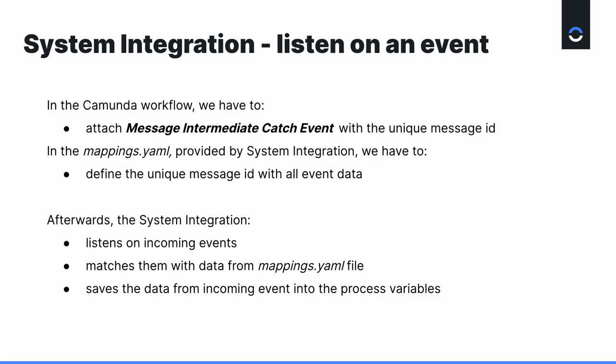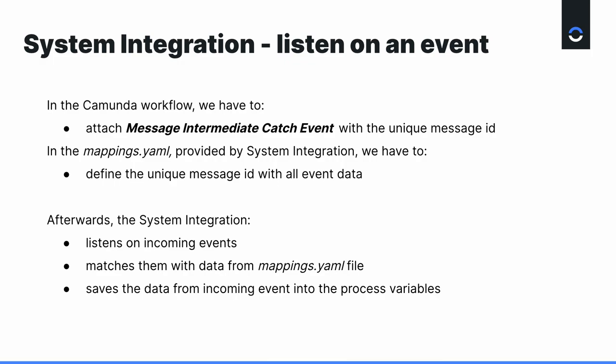Moreover, system integration gives us the opportunity to listen on our events. So what do we have to do to implement it? In the Camunda workflow, we have to attach a message intermediate catch event, and we have to provide a unique message ID. But this is not everything. We also have to attach all the information about this message into the mappings YAML file, and this file is provided by our system integration service.